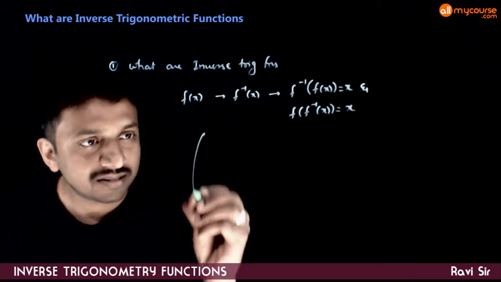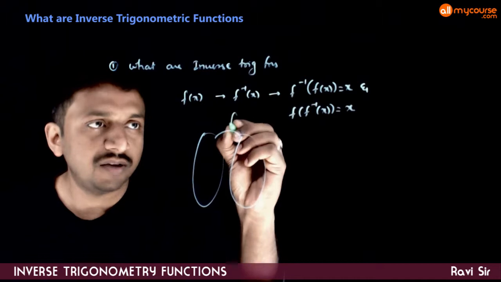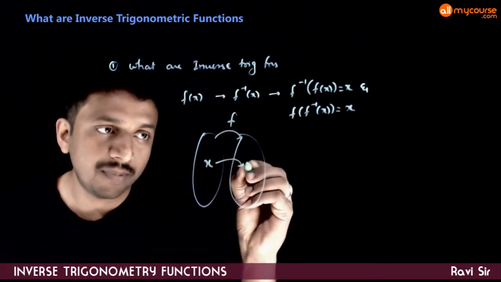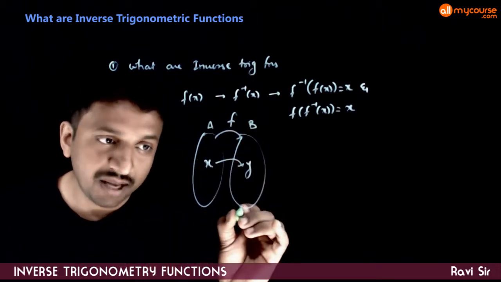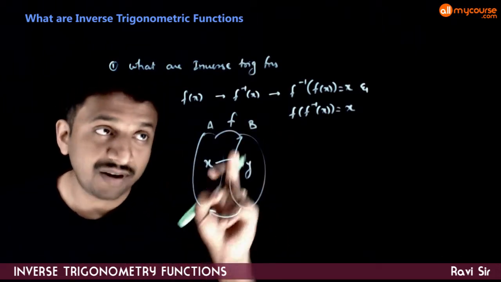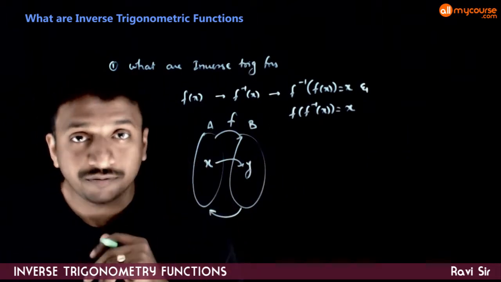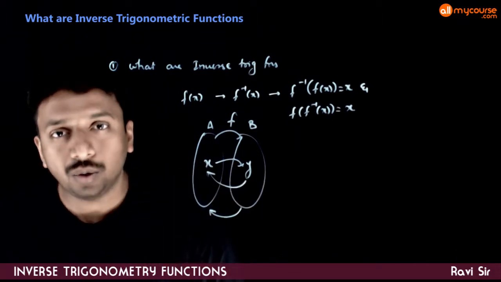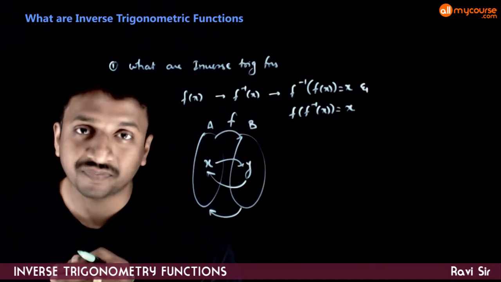That is, if f connects an element x in the domain to an element y in the codomain, f inverse is defined from the codomain of f to the domain of f, and it brings back y to x. This is the definition of inverse function.